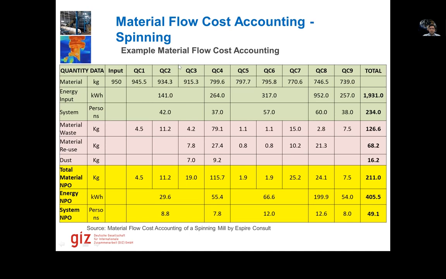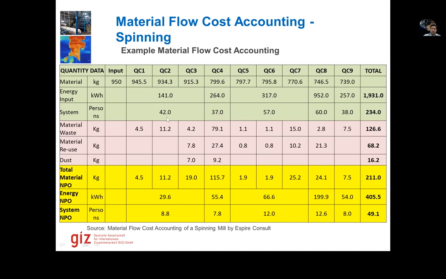And then what we can do here is see what percentage of this NPO is against the total input quantity. And then we assign the same percentage to the energy input. So we assign the same percentage here to 141, and we come down to 29.6 kilowatt hours of NPO directly going out, as that is producing the waste.